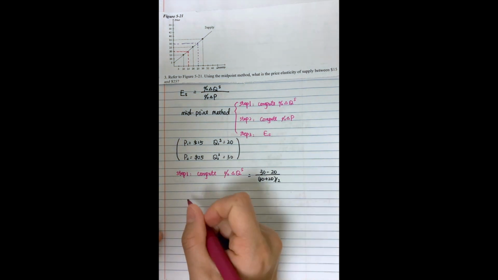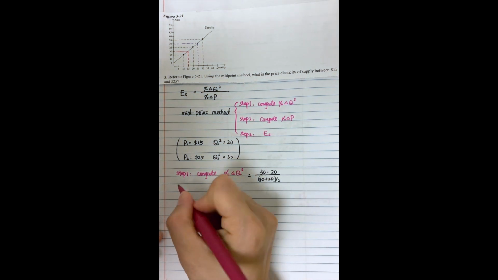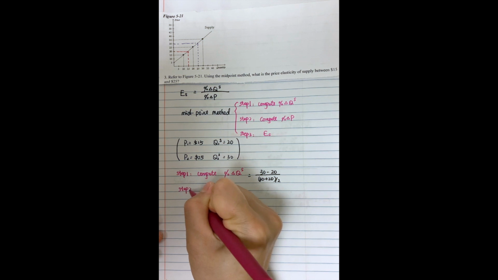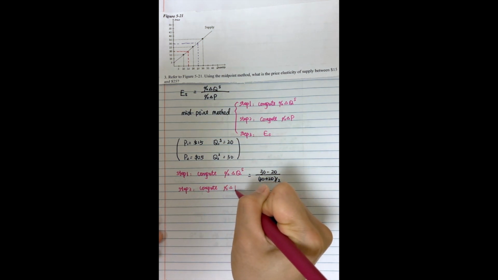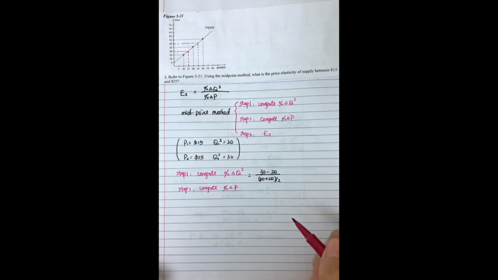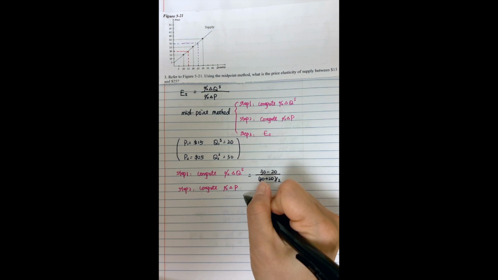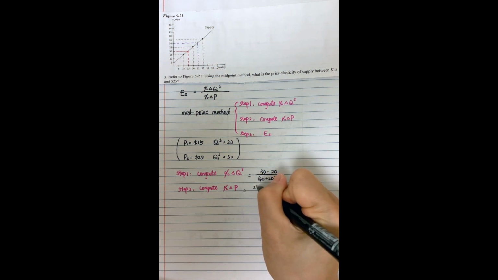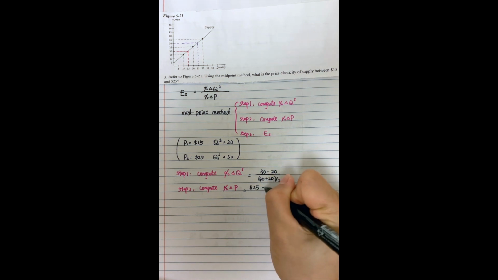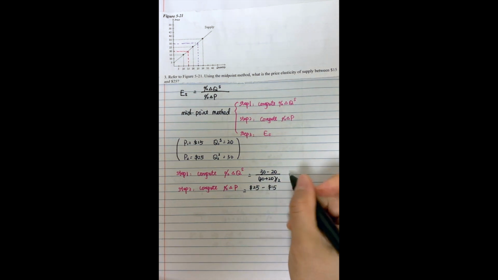And then for step 2, we can compute the percentage change in price, right? So based on the given information, the percentage change in price will equal $25 minus the previous $15, right?